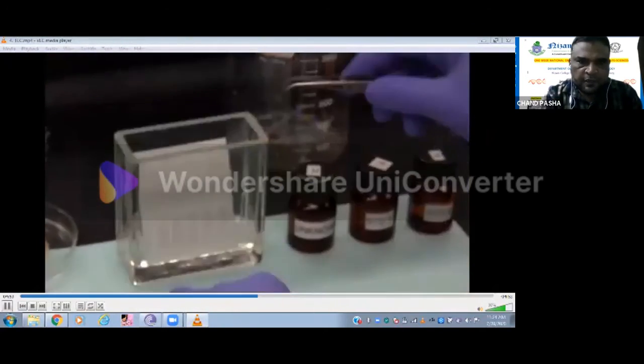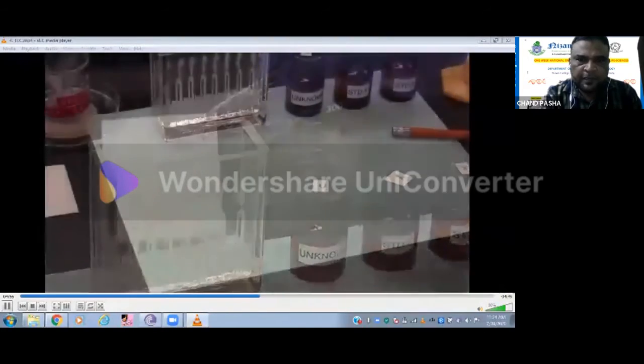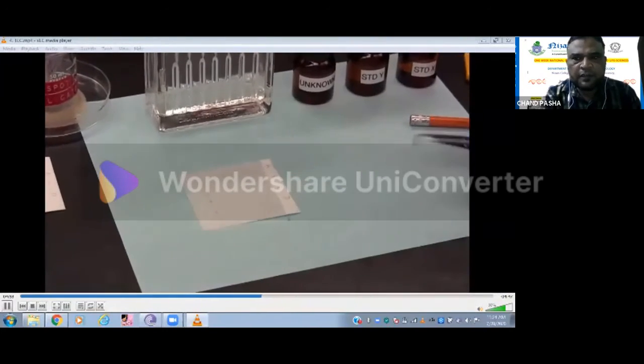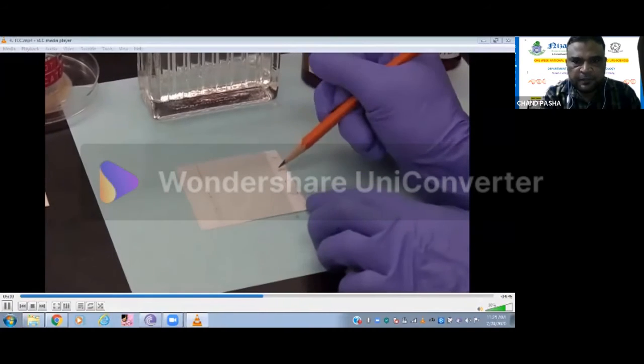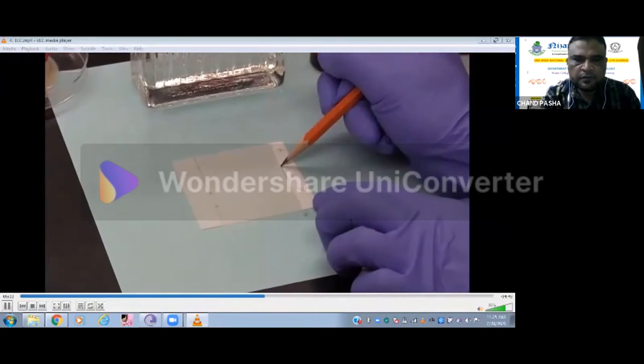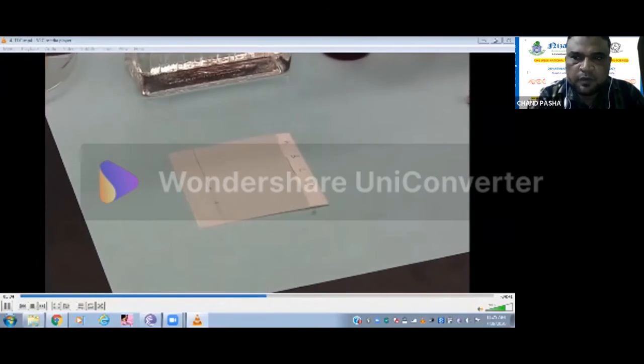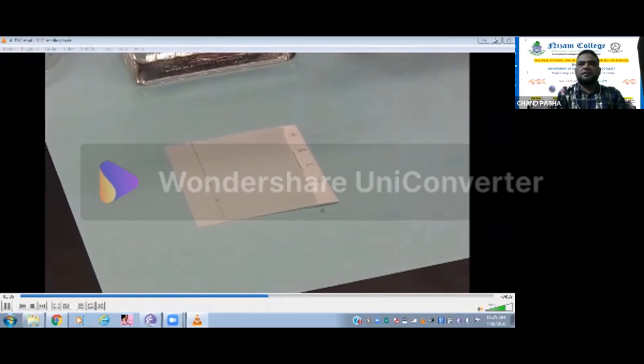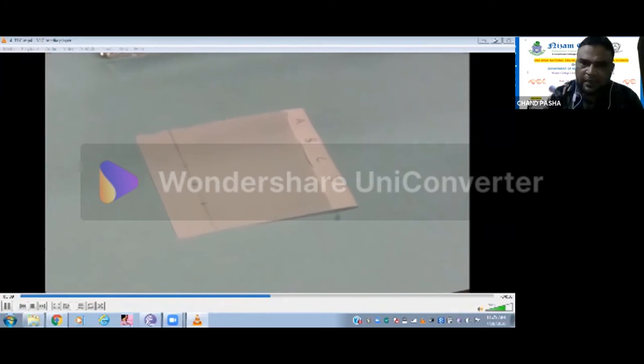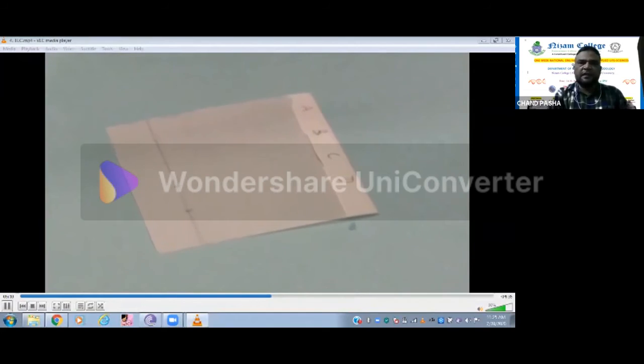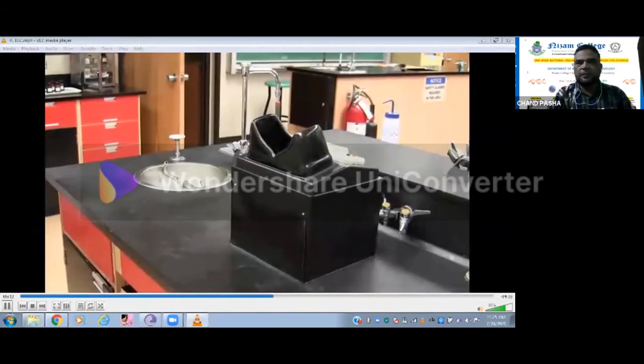Now, after taking it out, immediately make a mark of the solvent front, up to which point it has reached. Now, dry it. In some cases, like in the last case, because the pigments are already colored, they can be easily separated.